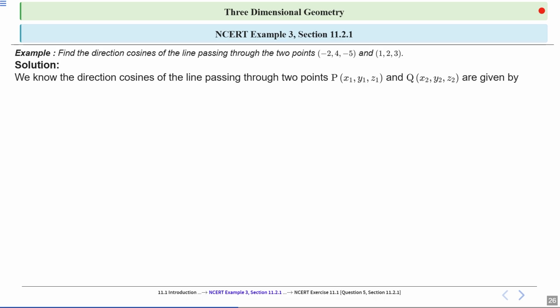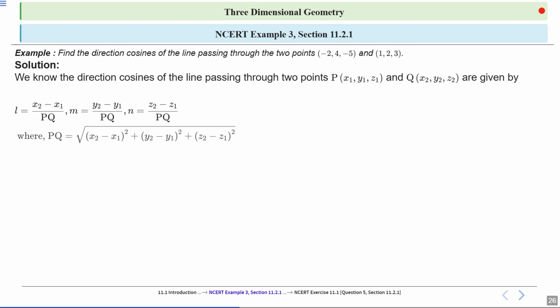If we have points P with coordinates x1, y1, z1 and Q with x2, y2, z2, then L equals (x2 minus x1) divided by PQ, M equals (y2 minus y1) divided by PQ, N equals (z2 minus z1) divided by PQ, where PQ is the square root of (x2 minus x1) whole square plus (y2 minus y1) whole square plus (z2 minus z1) whole square.